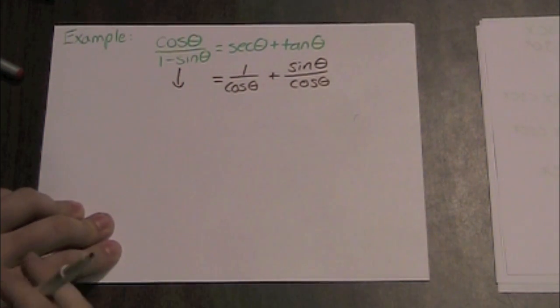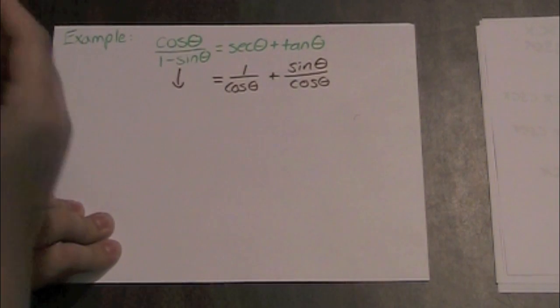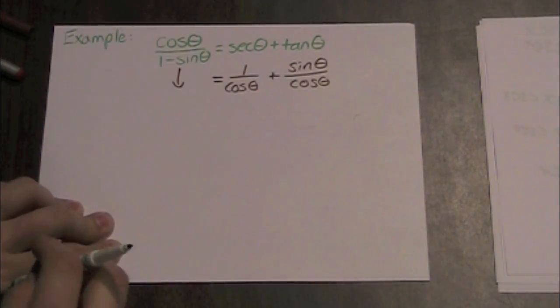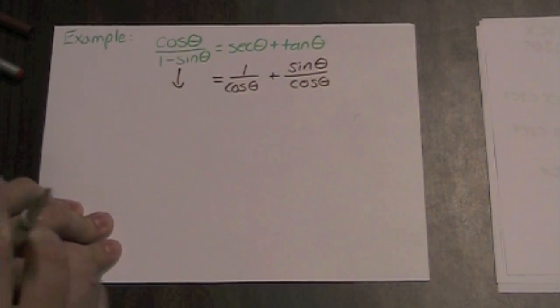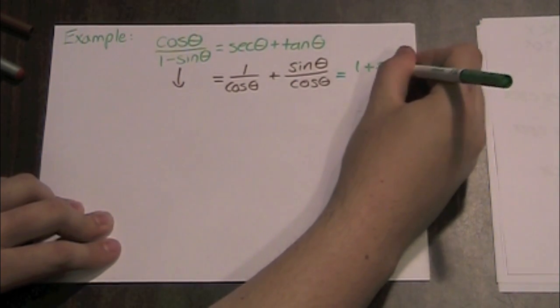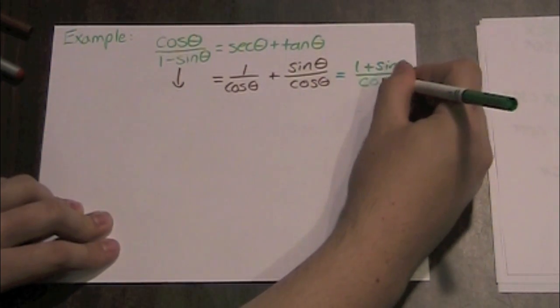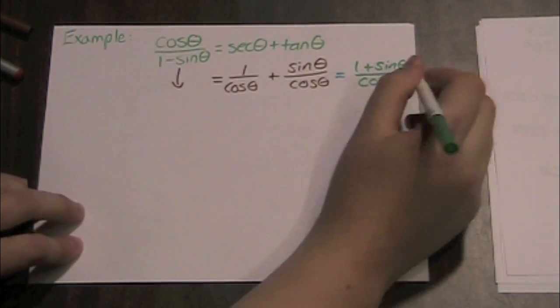That's actually rather convenient because they have a common denominator. And that can make for a little bit of easy adding, which is 1 plus sine theta over cosine theta.